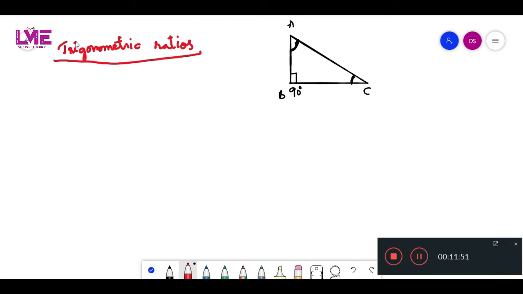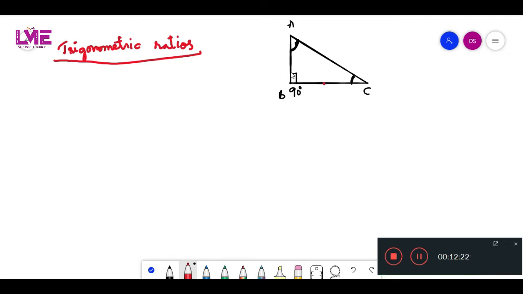Okay, so let me take the same example, the right angle triangle ABC, which I have written earlier. In this triangle, let me consider only angle A. So angle A is formed here. Now the side opposite to this angle A is BC.